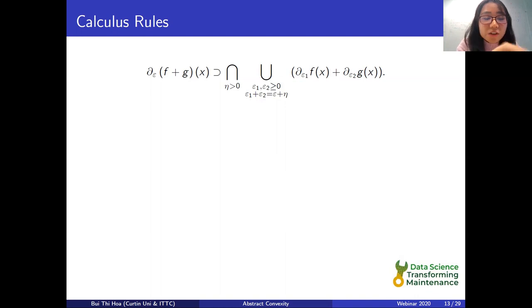Let's recall this sum rule from the basic properties. We would like to have equality, not just an inclusion like this. How do we get this equality? We don't always have equality, but under some assumptions we may.